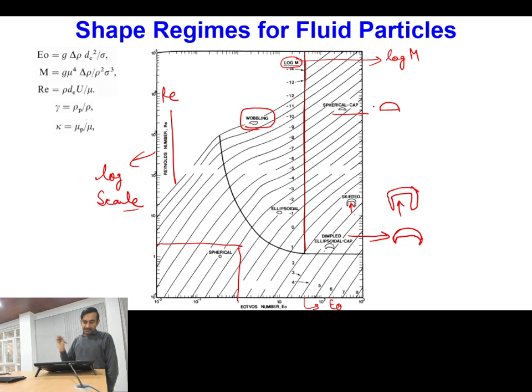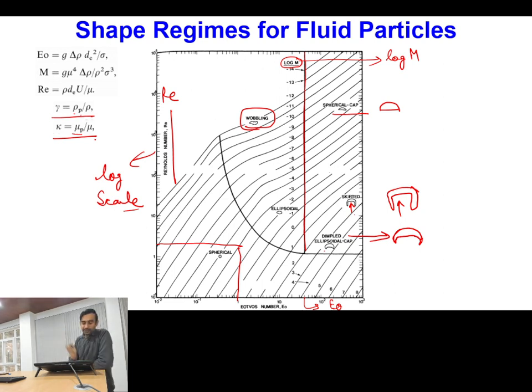Okay. Now one important point you have to keep in mind. We can take two more important properties. One is the density ratio, which is the density of the particle to the density of the continuous phase. K is another parameter, which is mu p by mu, the viscosity of the particle by the viscosity of the continuous phase.